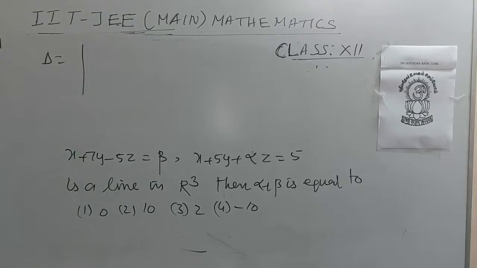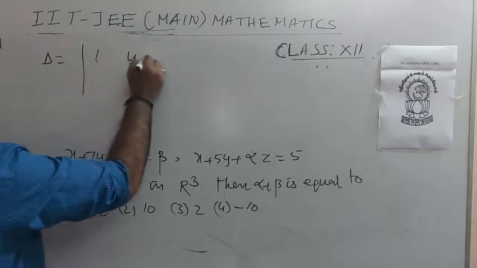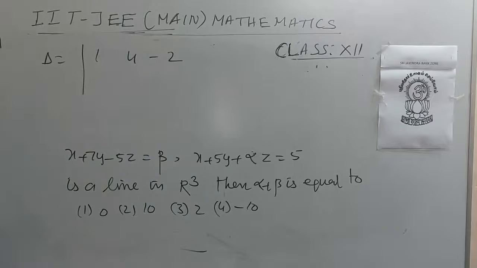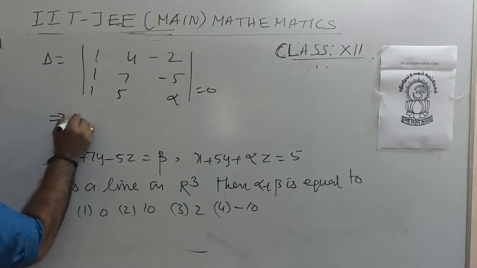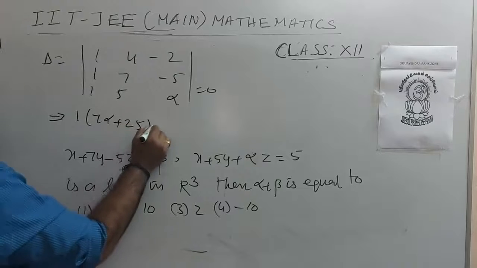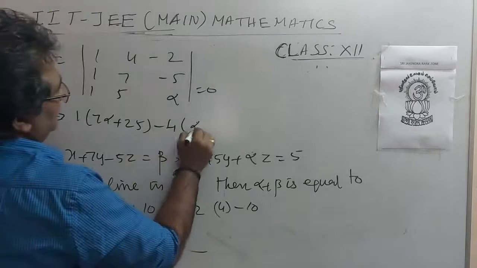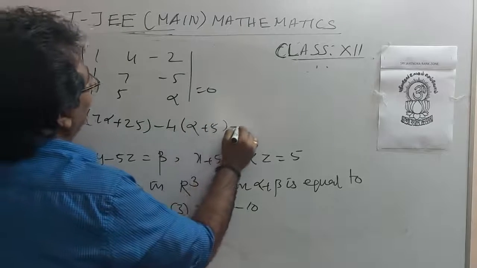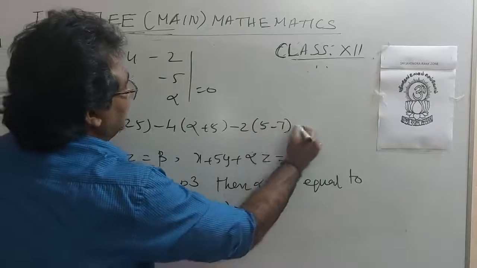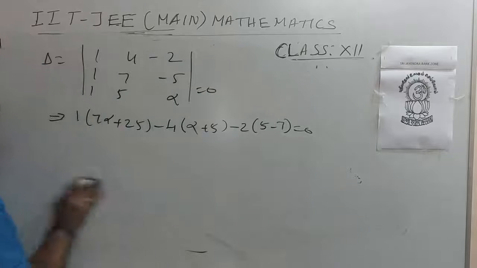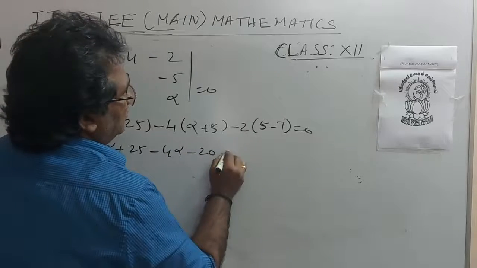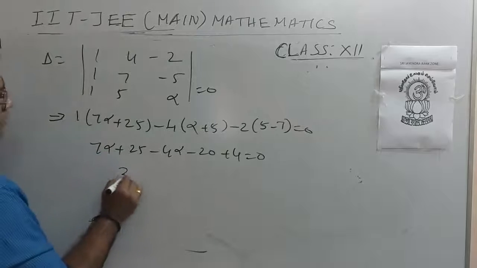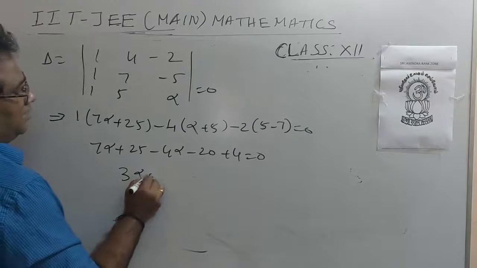So the determinant with rows 1 4 minus 2, 1 7 minus 5, 1 5 alpha equal to 0, which implies 1 into 7 alpha plus 25, minus 4 into alpha plus 5, minus 2 into 5 minus 7 equal to 0. 7 alpha plus 25 minus 4 alpha minus 20 plus 4 equals 0. 7 alpha minus 4 alpha, that is 3 alpha, plus 9 equals 0.